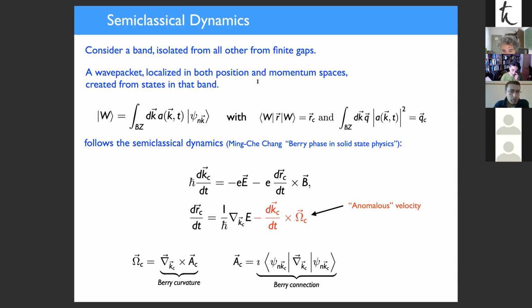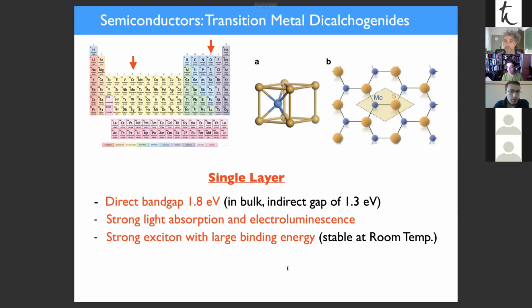This induces some anomalous velocity that occurs when the system is accelerated. So there is some lateral motion of the particle. And this is given by the Berry curvature and the Berry connection. So in our case, we want to analyze this for polaritons.